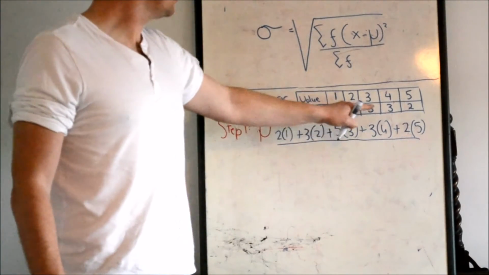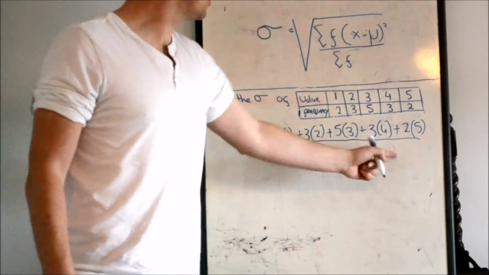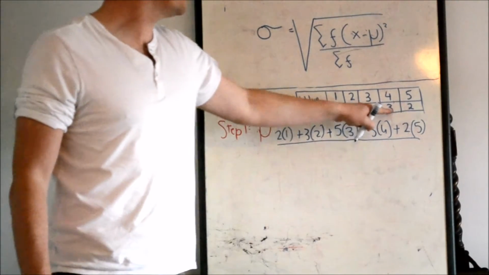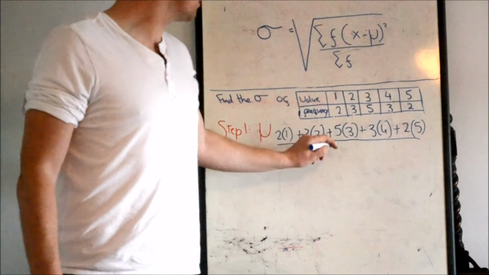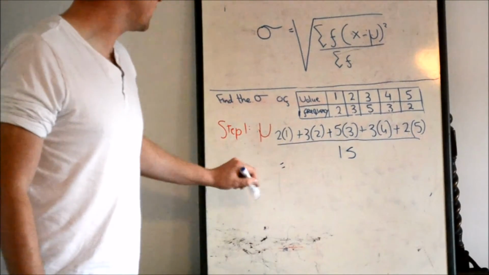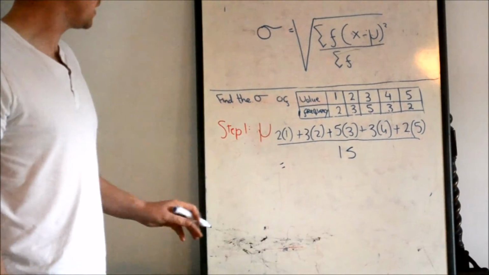2, 3, 5, 3 and 2. I could write them all out, but let's just save space here. So 2 and 3 is 5 and 5 is 10 and 3 is 13 and 2 is 15. And if we work that out, we should get, okay, I'll do it here and then I'll rub it off to save space.